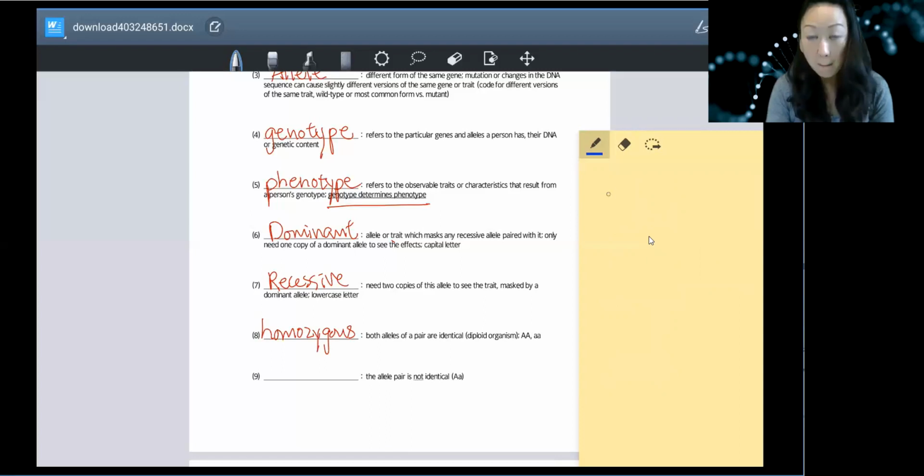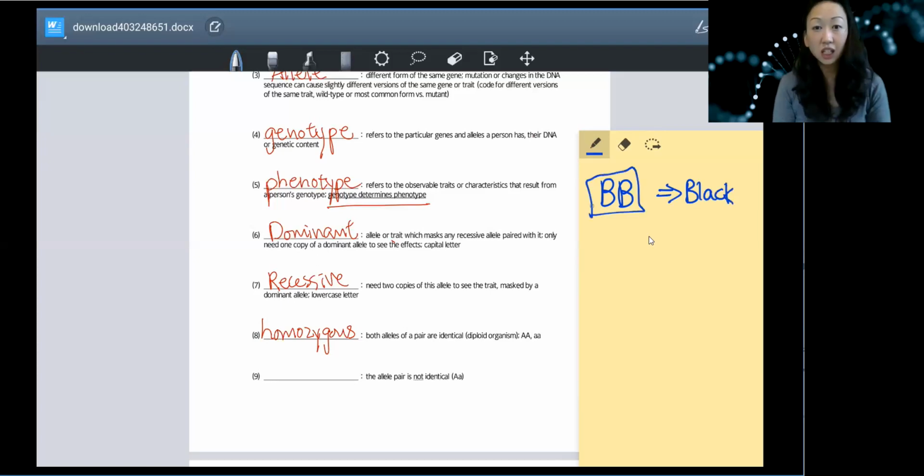If my genotype, which is my genetic makeup, is big B big B, what is my phenotype? Yes, my phenotype will be black. And how do I describe the alleles I have? Well, they are called homozygous because they're the same.